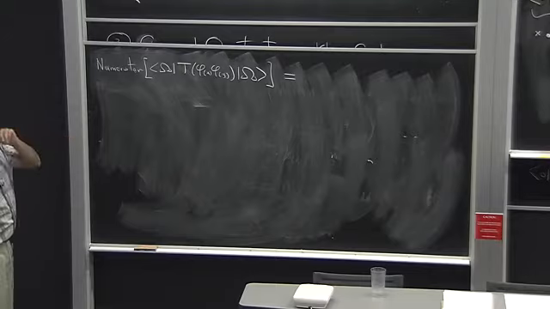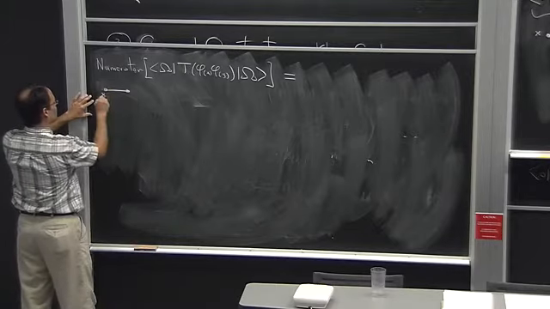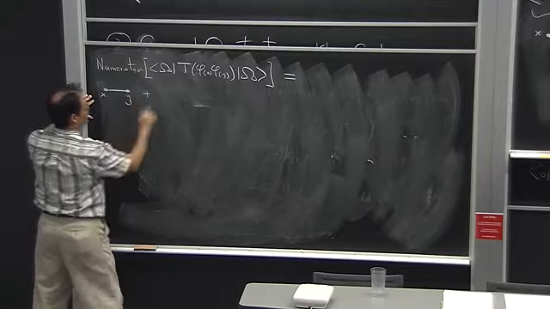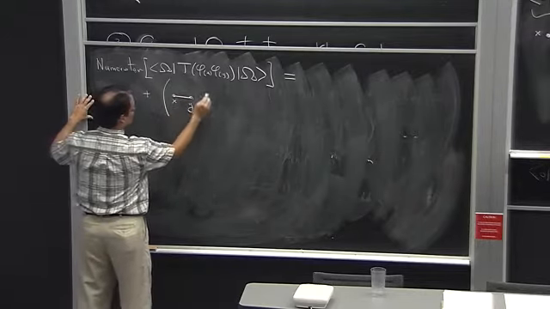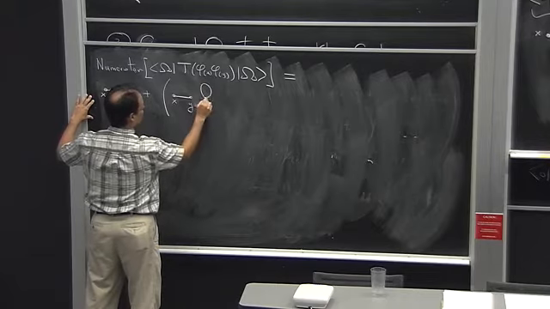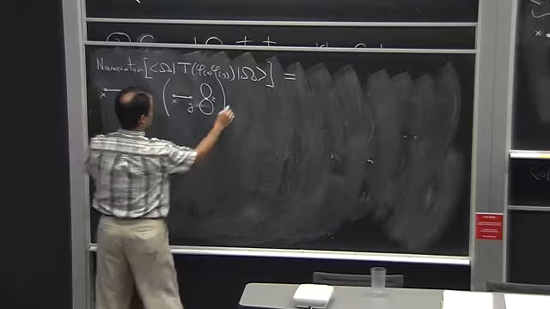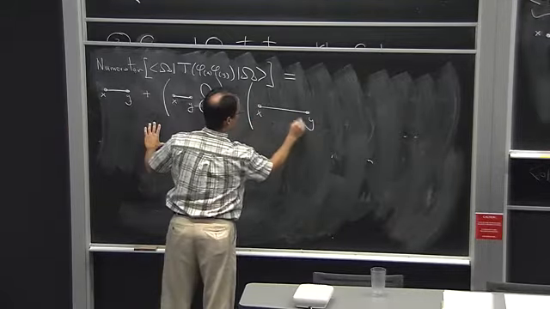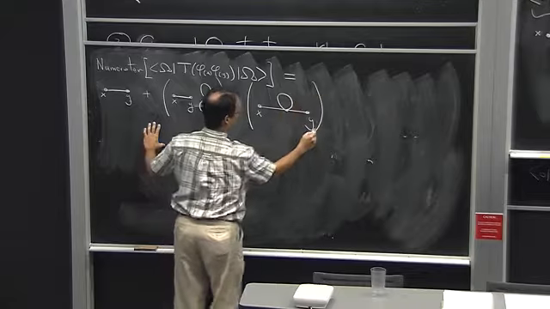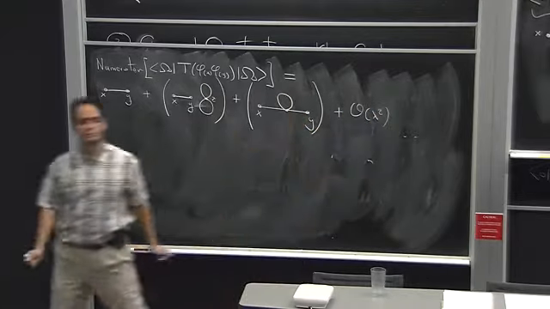The numerator of this is given by xy plus xy plus order lambda squared.